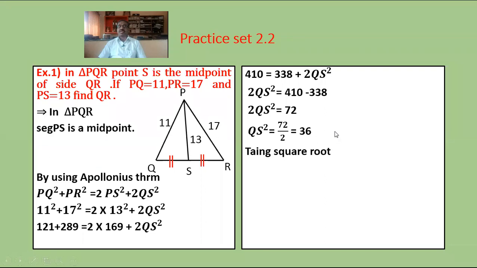Taking square root on both sides, we get QS is equal to 6. To find QR, QR is twice QS because S is the midpoint of QR. Therefore, QR is equal to QS plus SR, 6 plus 6 is equal to 12. Hence, the length of segment QR is equal to 12.